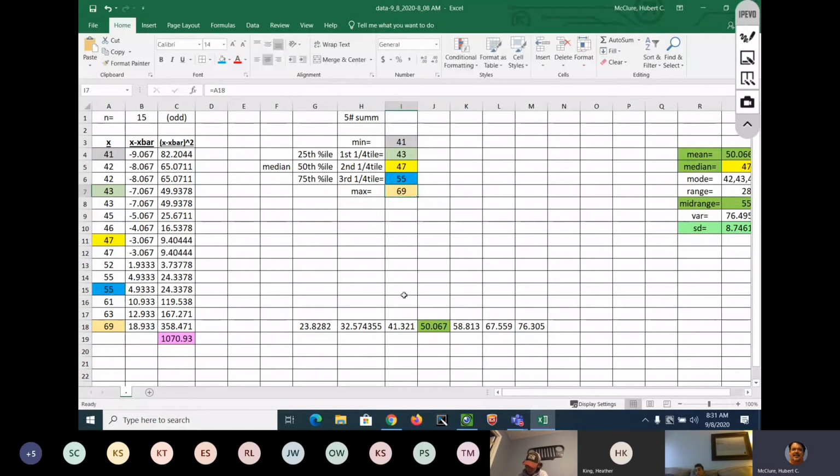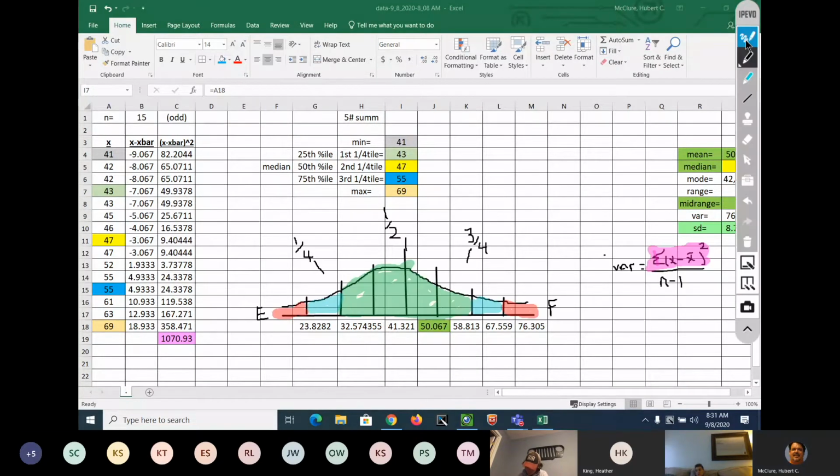Okay, now you've got stuff for your box plot. Now your box plot is going to be made up of a number line, and on that number line, you've got to have a min, a max, and a mid-range.